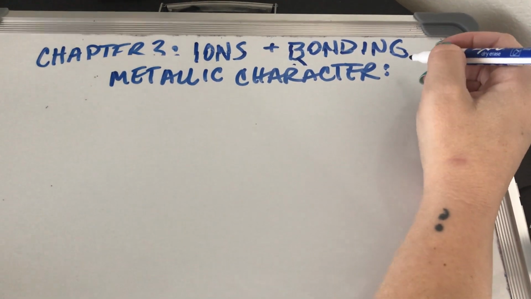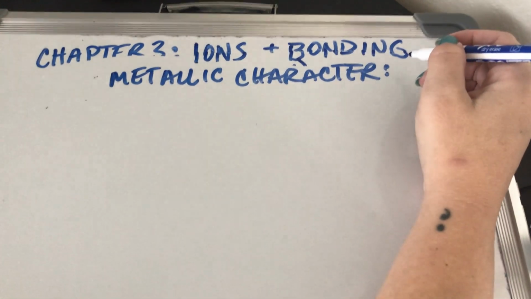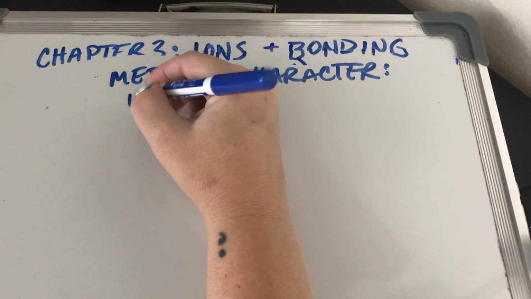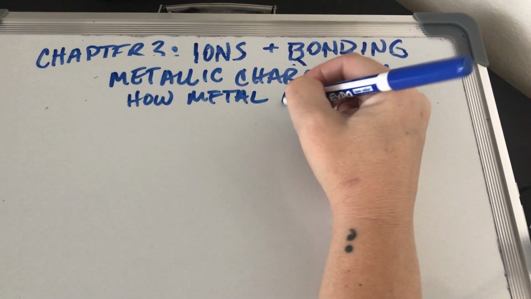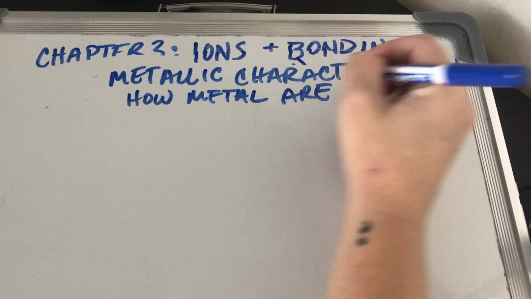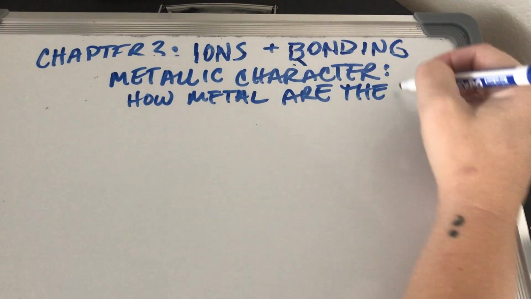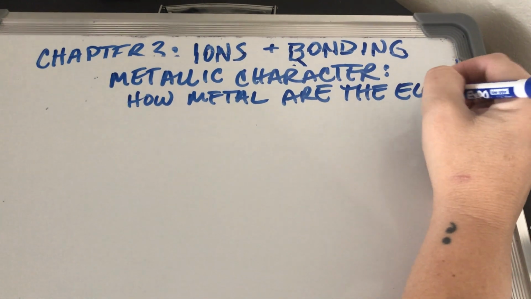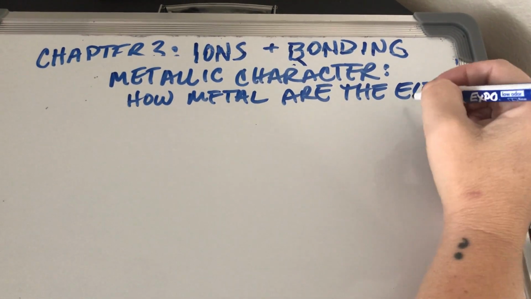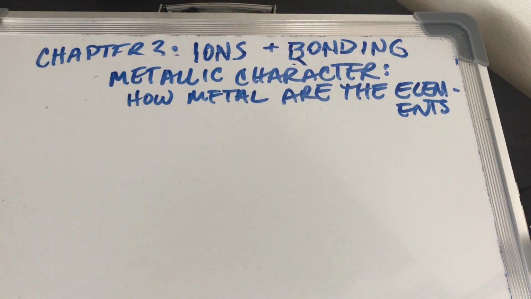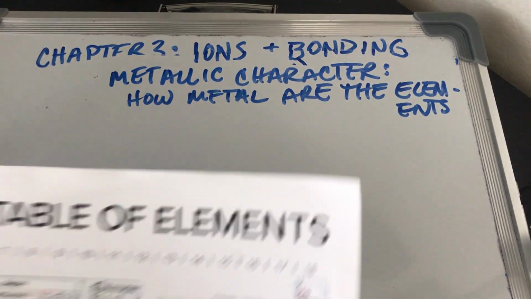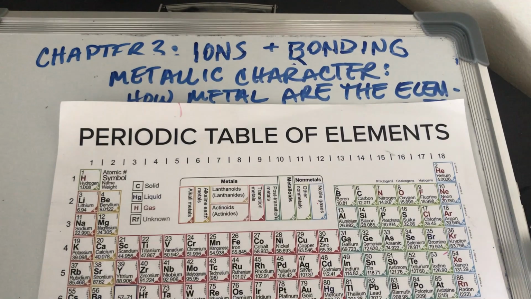So metallic characteristic is exactly what it sounds like. How metal are the elements? What did we say characterizes a metal more than anything?